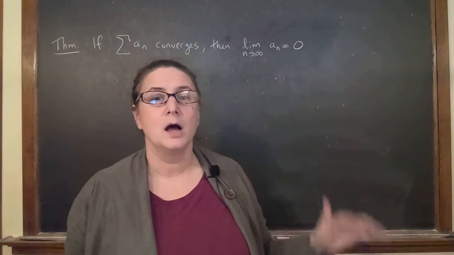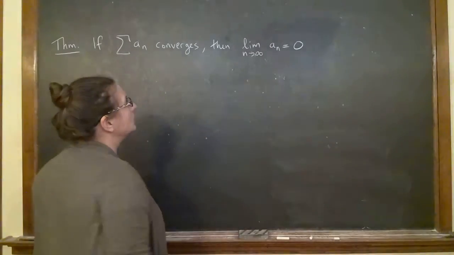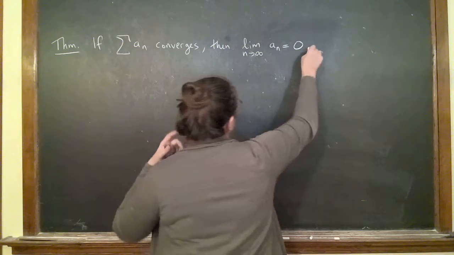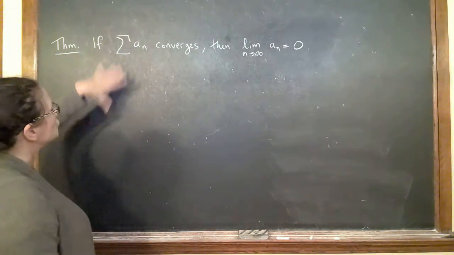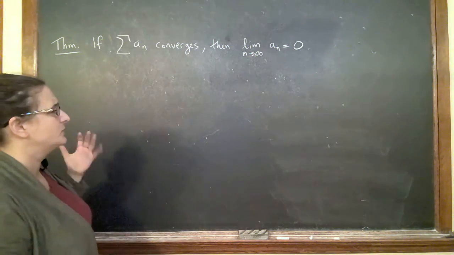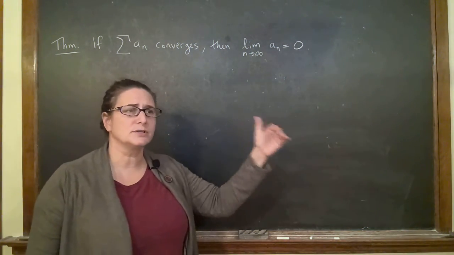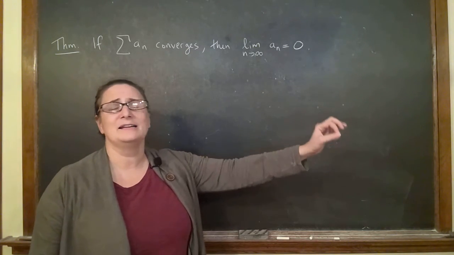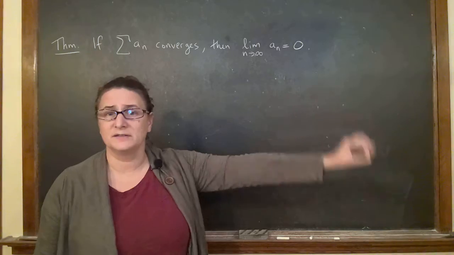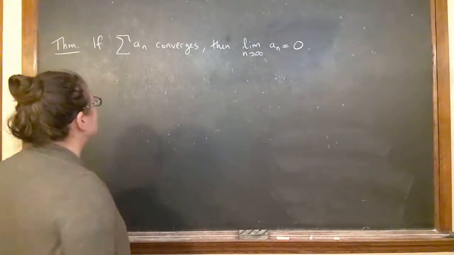Okay? This is not difficult to prove. It's in your book. It can be a little confusing, perhaps, but it's not hard. And you can very well see it if you think about the examples that we did. In order for the partial sums to go to a finite number, you have to be effectively adding very, very little at the end. You have to effectively be adding 0. So these terms have to go to 0.